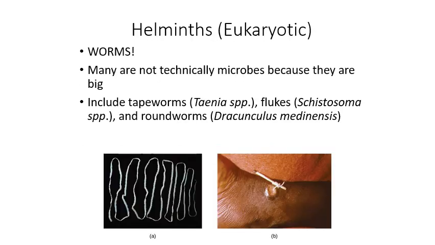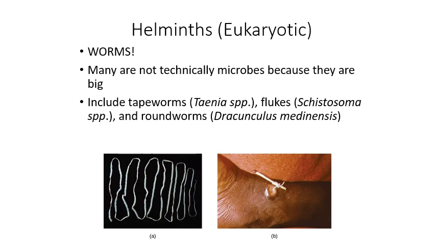All right. And then our last category, well, not our last category, but our biggest category, meaning the largest organisms we're going to be talking about in this class, are the helminths. So helminths are worms. These are eukaryotic. So they are in the domain Eukarya. They belong in the kingdom Animalia. So they're actual animals.